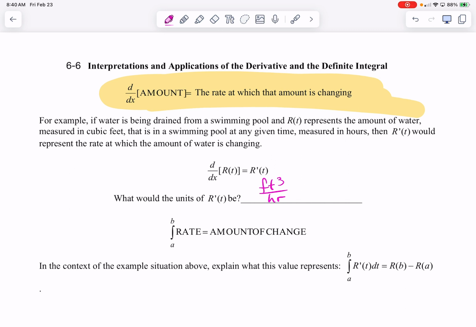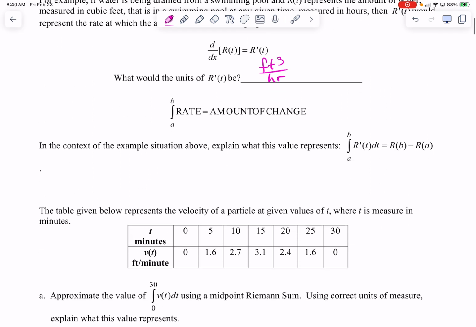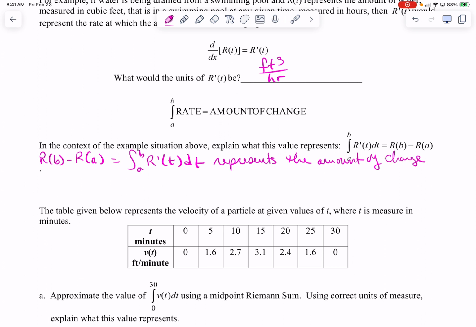Yeah, the amount of change in the water level from time equals A to time equals B. Okay, so we're going to put this like R of B minus R of A equals the integral from A to B of R prime of t dt. It represents the amount of change in the water level from time A to time B.